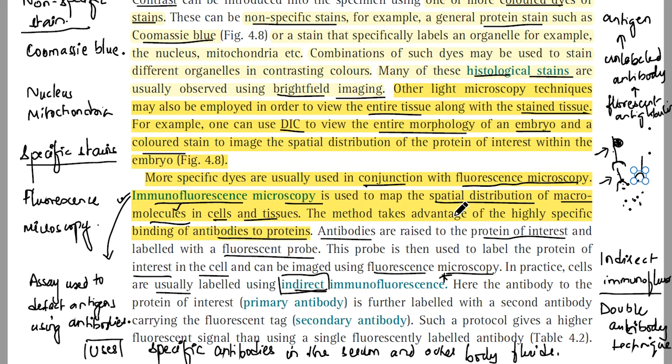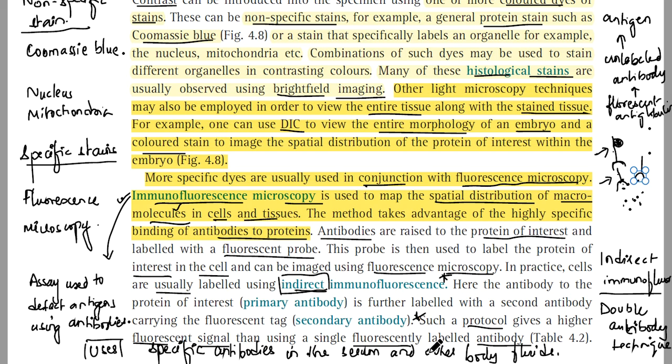Now, what is the need of using the fluorescent molecule tagged with the second antibody? Because such a protocol gives a higher fluorescent signal than using a single fluorescent labeled antibody. Very important. In the interview, you may be asked why indirect immunofluorescence is more preferred than direct immunofluorescence.